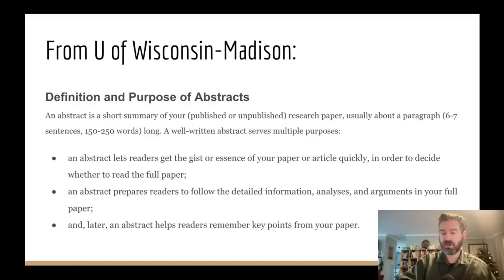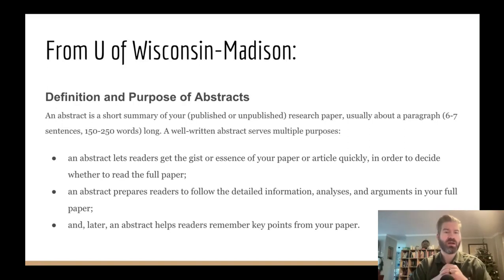And then the last one I want to look at is this one from the University of Wisconsin-Madison. So an abstract is a short summary of published or unpublished research, usually about a paragraph. They say 6 to 7 sentences, 150 to 250 words. So UW is right in there for this project. A well-written abstract serves multiple purposes.